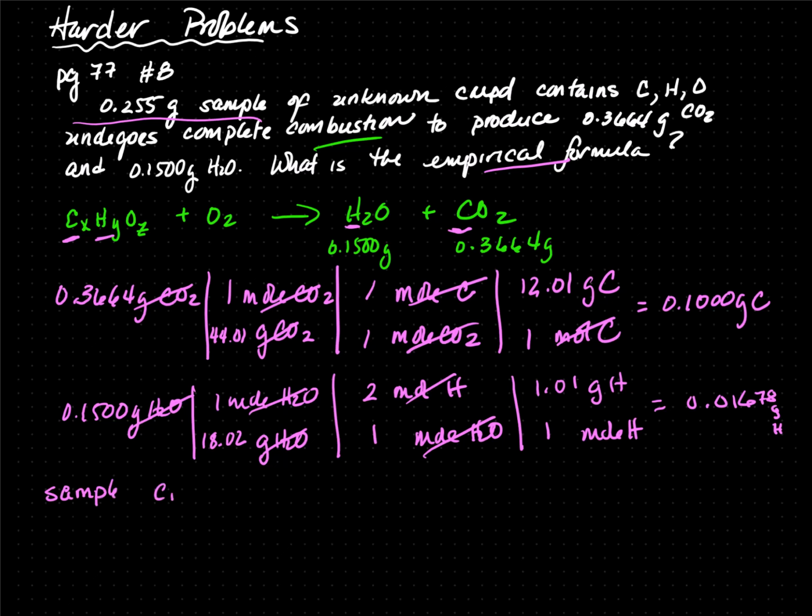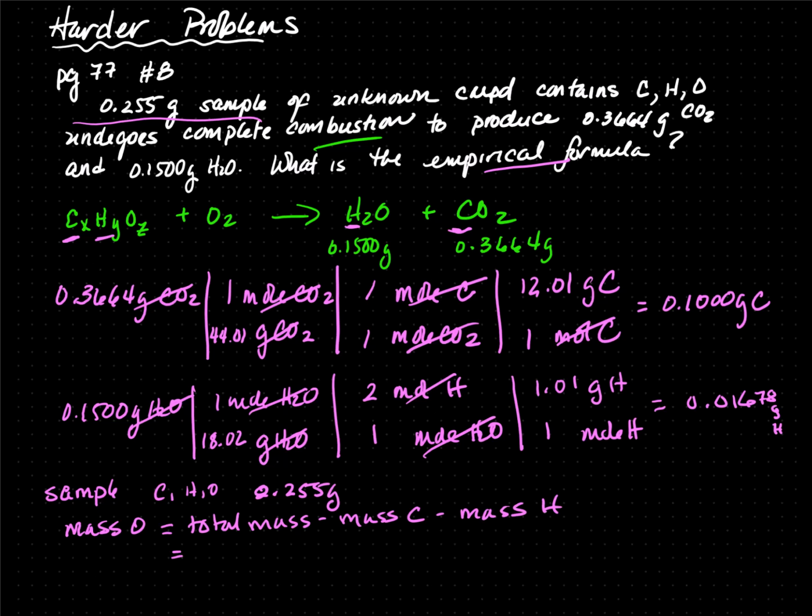The original sample contains carbon, hydrogen, and oxygen, and it weighs 0.255 grams. The mass of the oxygen in the unknown substance is going to equal the total mass minus the mass of carbon minus the mass of hydrogen.